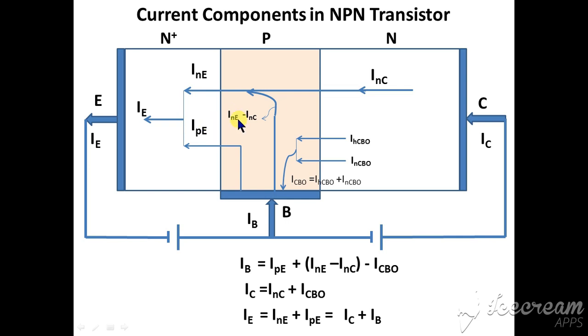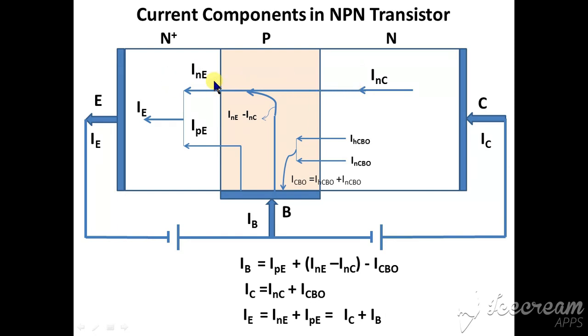Finally, the different current components in an NPN transistor due to the flow of electrons and holes through the forward bias emitter base junction and reverse bias collector base junction have been depicted here, where INE is the emitter current due to the flow of electrons from the emitter side to the base region, and INC is the electron current at the collector terminal due to the flow of electrons from the p side to the n side.